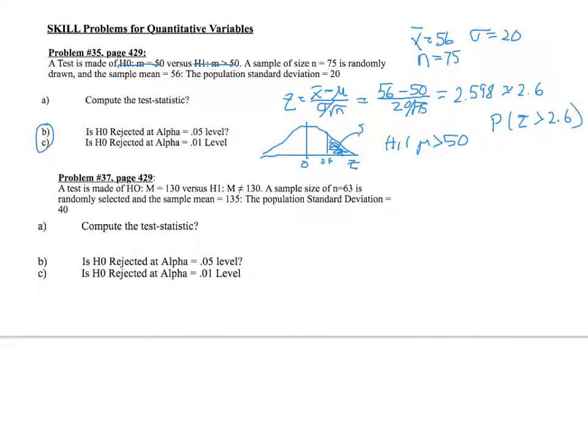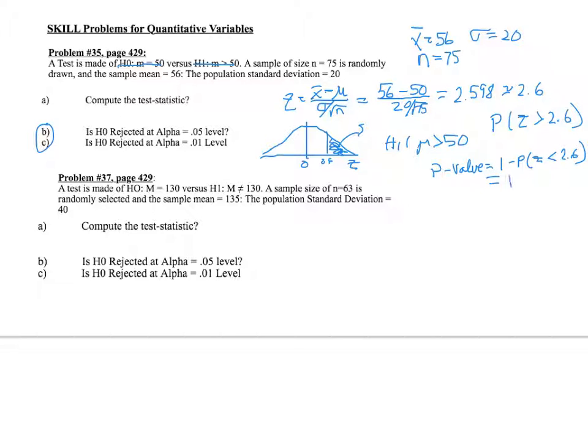So our p-value is equal to 1 minus the probability that z is less than 2.6.